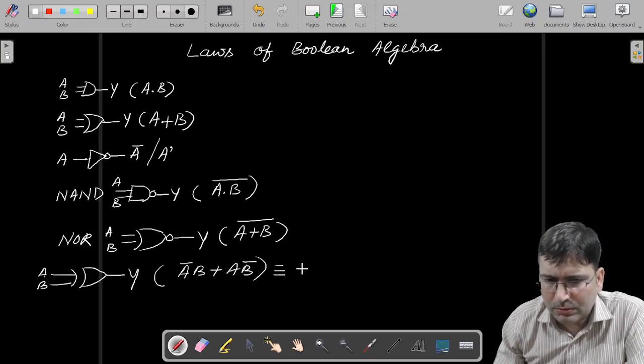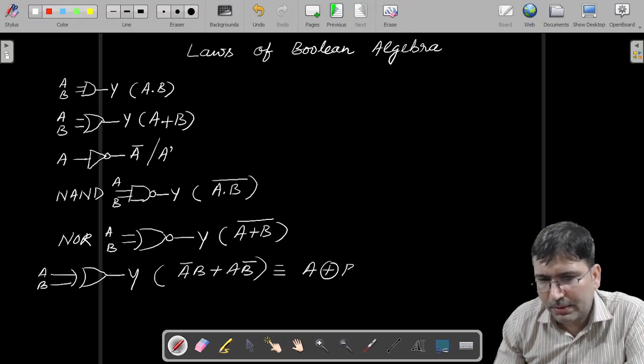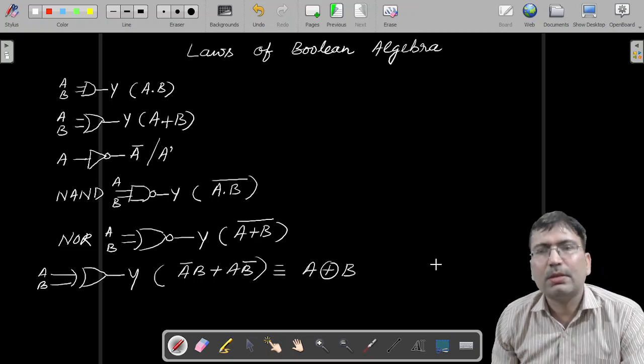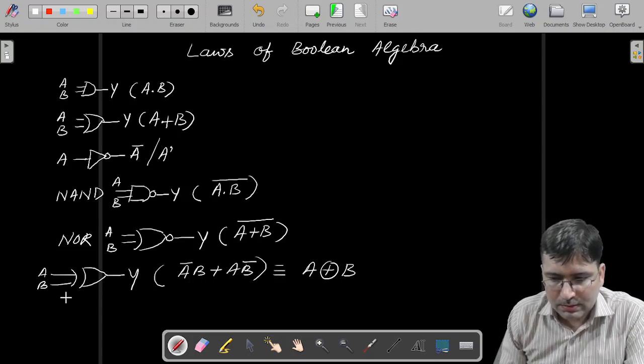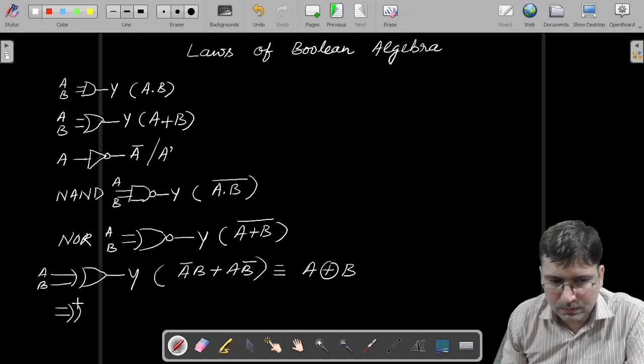We also represent A XOR B with this symbol. So I guess you must all be familiar with this, right? For XNOR, the representation is almost similar.